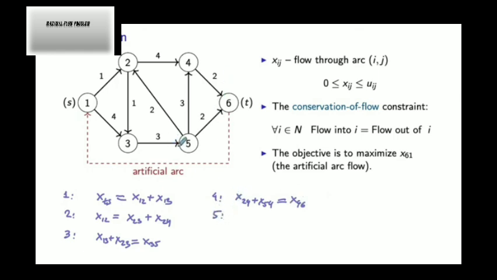Our fifth conservation of flow constraint is, we receive x35, which equals x52 plus x54 plus x56. Our last conservation of flow constraint is, we receive 2: x46 plus x56 equals xts, the flow on the artificial arc, denoted by x61.